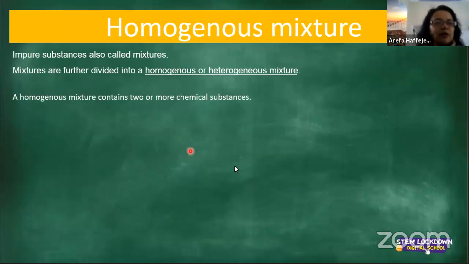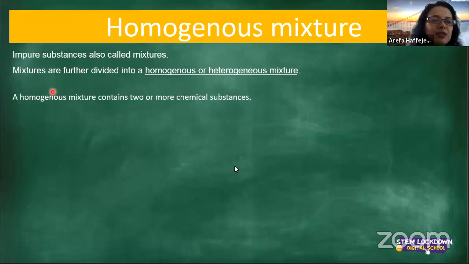Now, you have a homogeneous mixture. Impure substances are called mixtures. When we say impure, it means that it is mixed with another substance. It's not pure like an element.